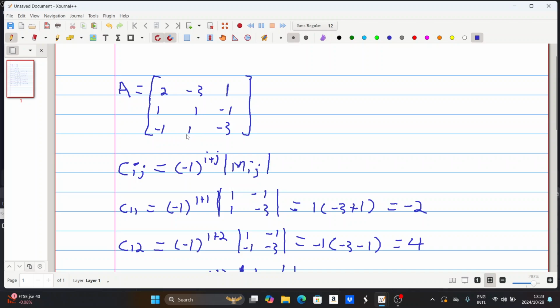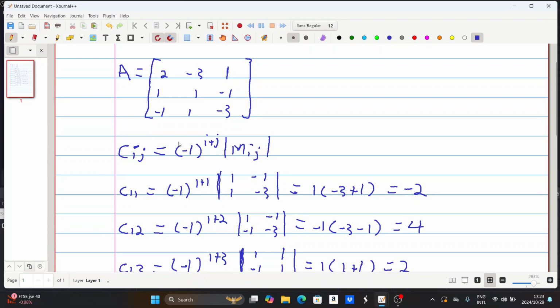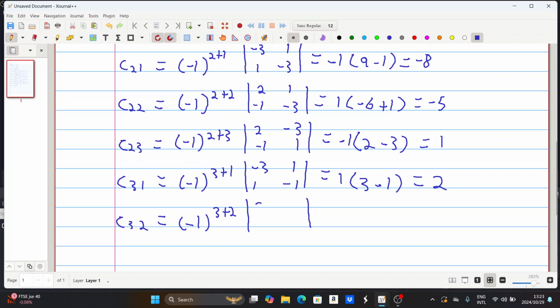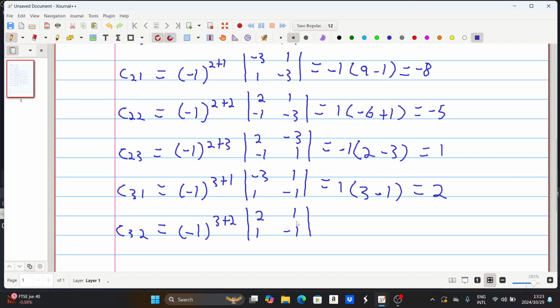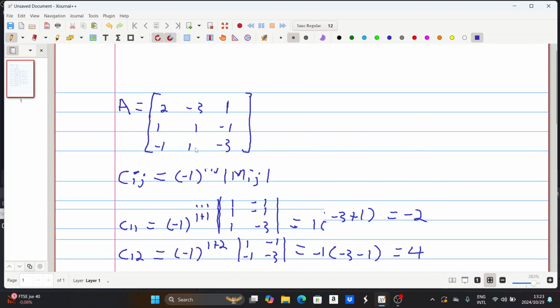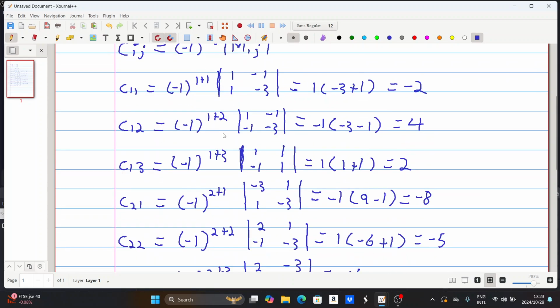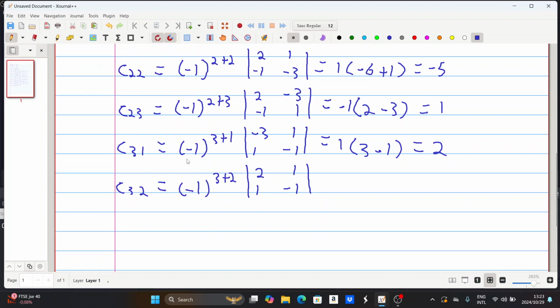You're going to close this part and this part. So we're going to have 2, 1, 1 and minus 1 as our minor. Right, let's double check. Because we're going to close here, it's 2, 1, 1 and minus 1. So this is our minor for 3,2.